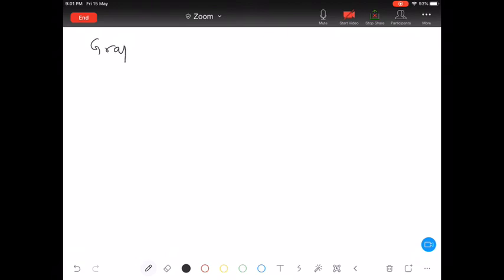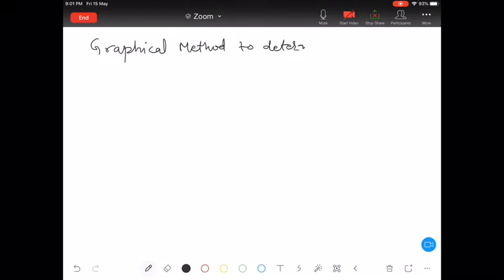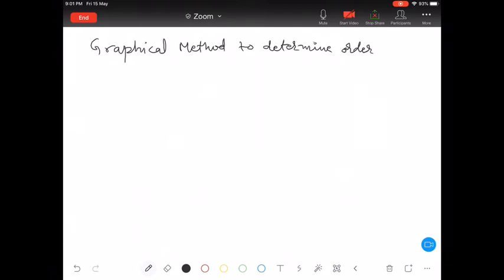graphical method to determine order of reaction.